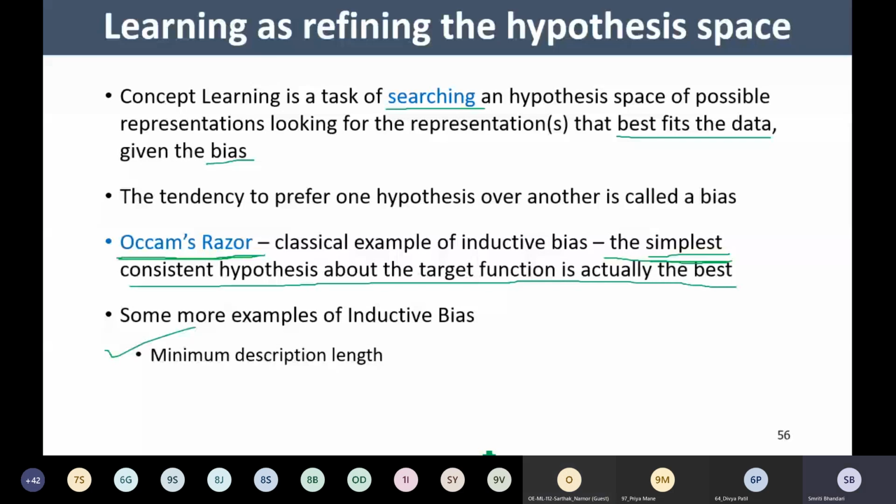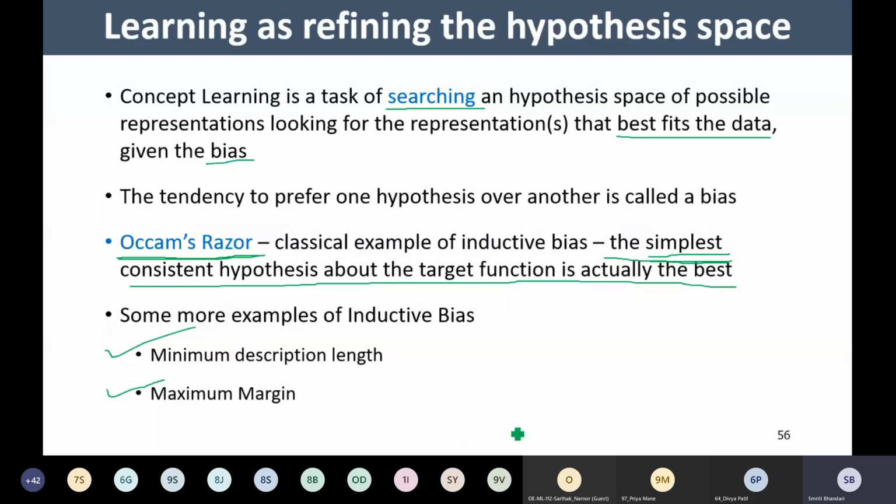I have here a few more examples of inductive bias. As I mentioned, we are not going into the details of these biases right now, but this is just for your information. We may have minimum description length for our hypothesis. We may have a maximum margin hypothesis, which is one more kind of inductive bias.